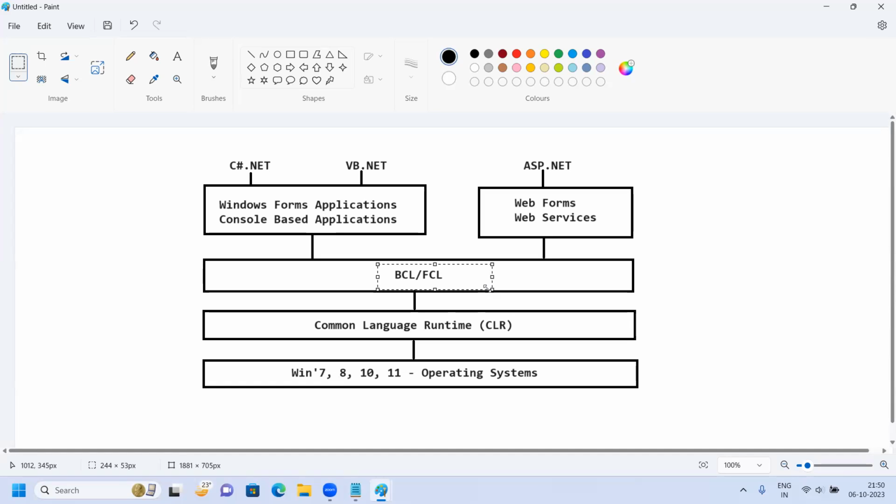The company gave BCL, FCL. Common things in both areas. This is one simple representation to make you understand what BCL, FCL is.